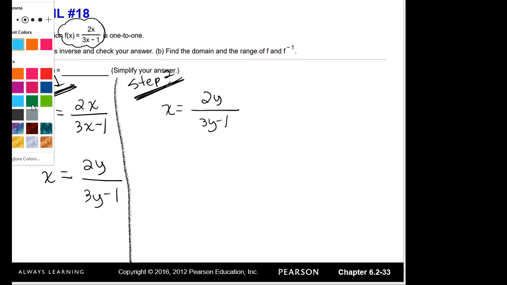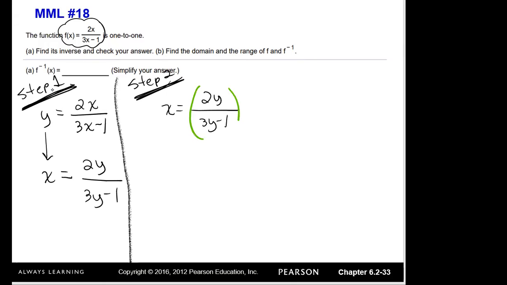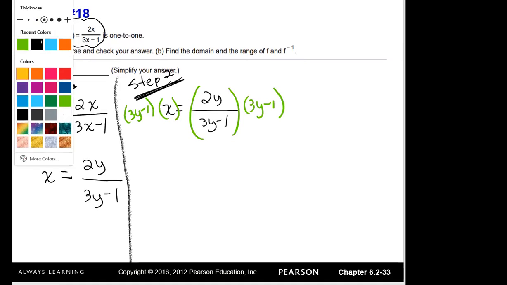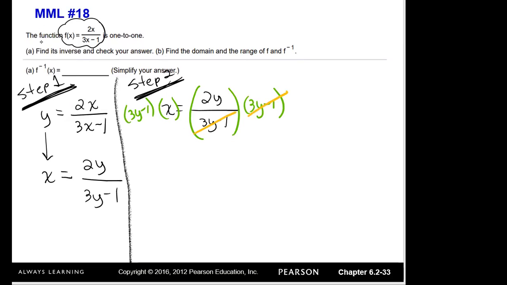I am going to multiply both sides by 3y minus 1, so that the 3y minus 1s cancel out on the right. But on the left, if I distribute, I'm going to have a 3xy minus x equals the 2y.